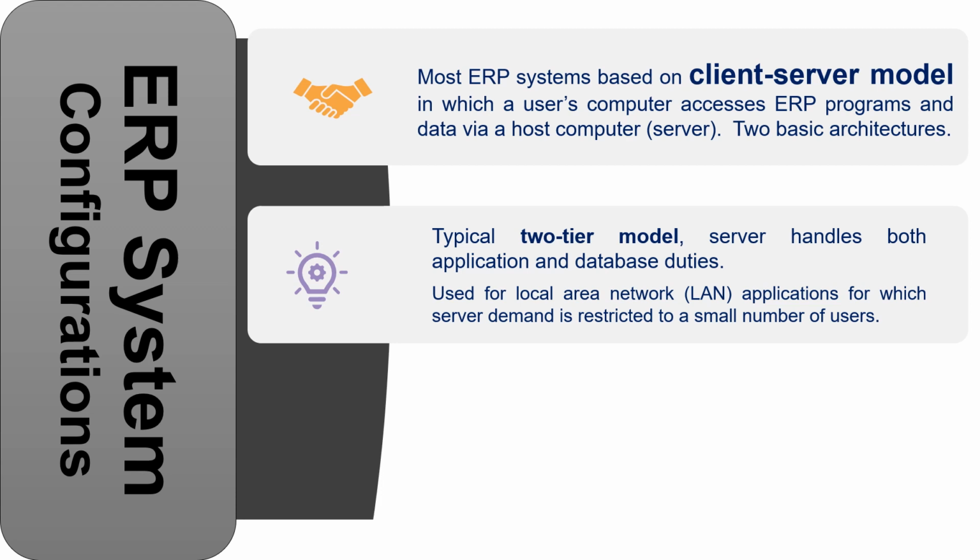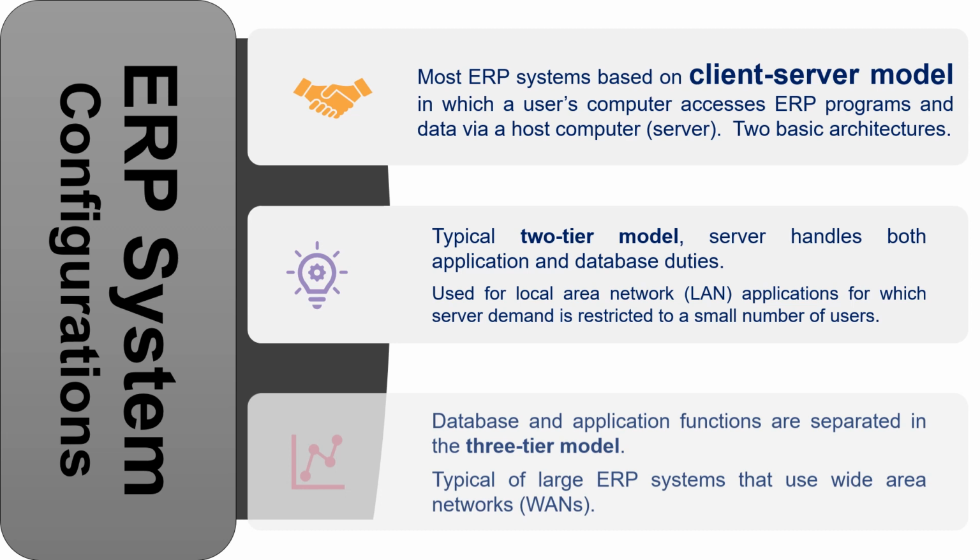And then we have the typical two-tier model. The server handles both application and database duties, used for local area network LAN applications for which server demand is restricted to a small number of users. We will discuss networking and so on in chapter 12, inshallah.